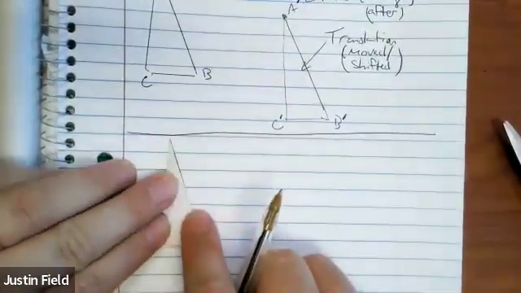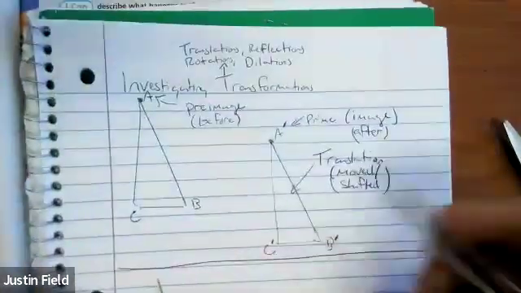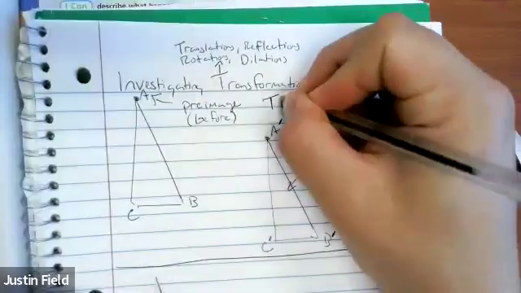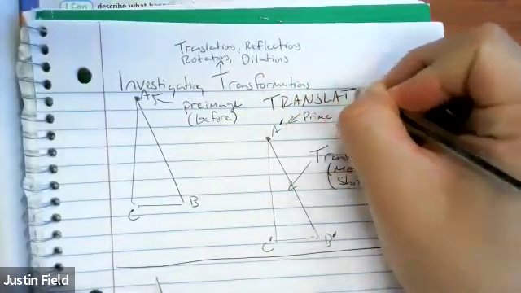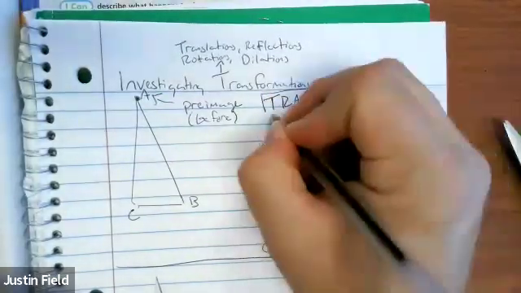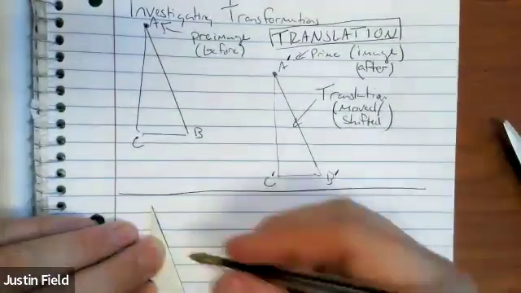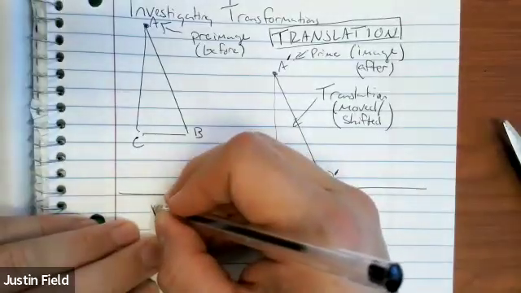So now that's the translation. So this first one, let's label this translation. Next, let's look at a reflection.